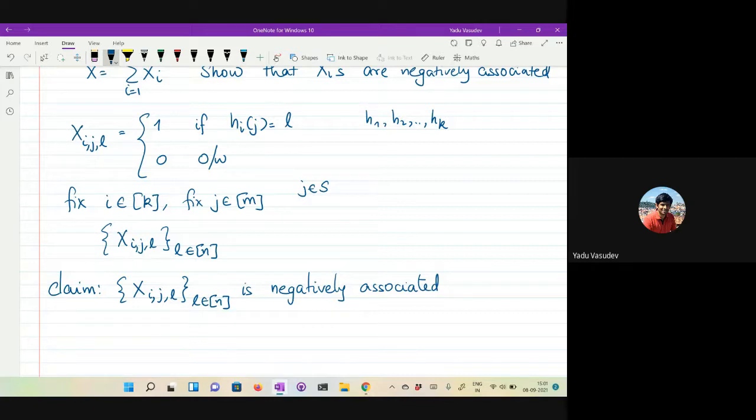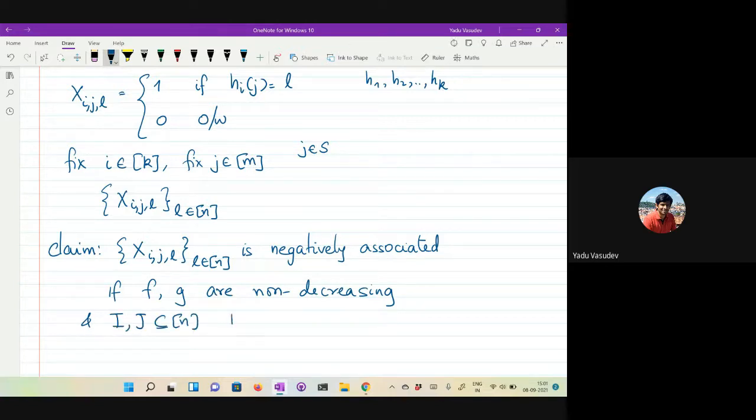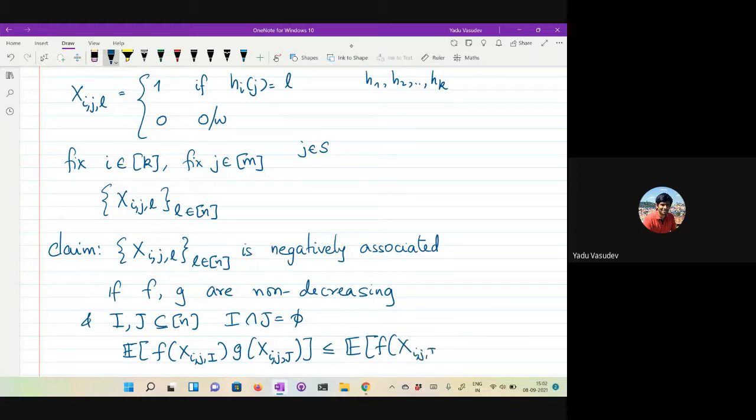So here is what we want to show: if f and g are non-decreasing, and you have sets I and J, subsets of [n], such that I intersection J is the empty set, then you want to show that the expectation of f of x i comma j comma capital I times g of x i comma j comma capital J is at most the expectation of f of x i j capital I times the expectation of g of x i j capital J. This is what we want to show.